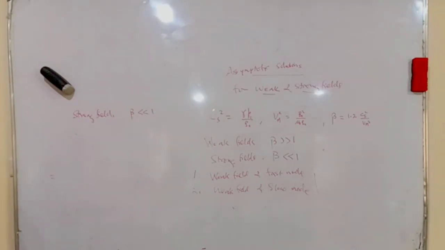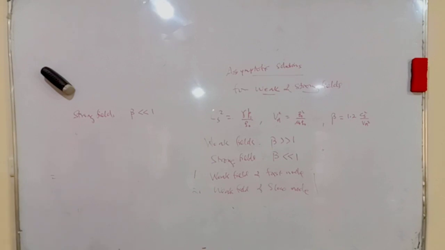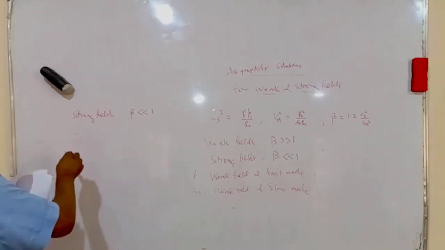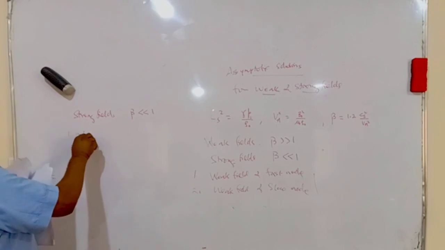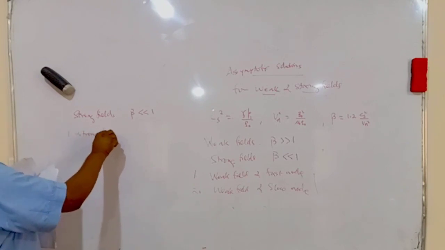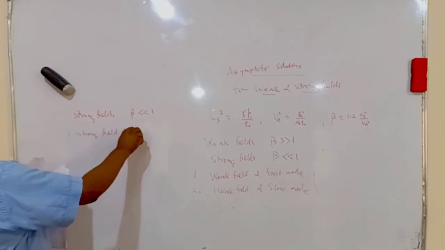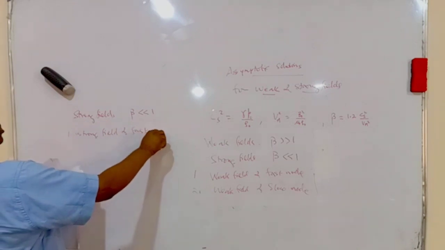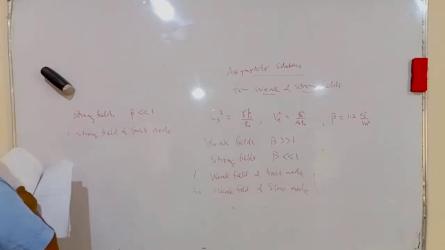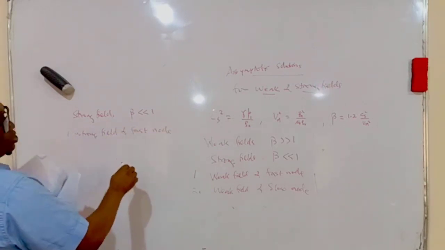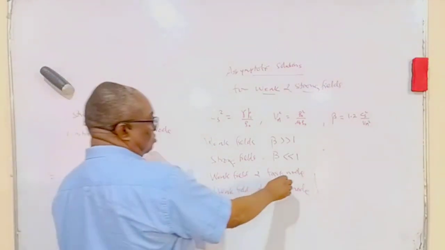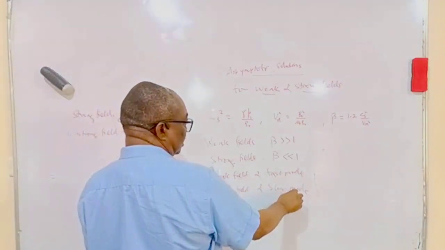We also consider two solutions that will come: slow and fast. So we'll be able to look at strong field and then fast mode. Let's look at it as mode.